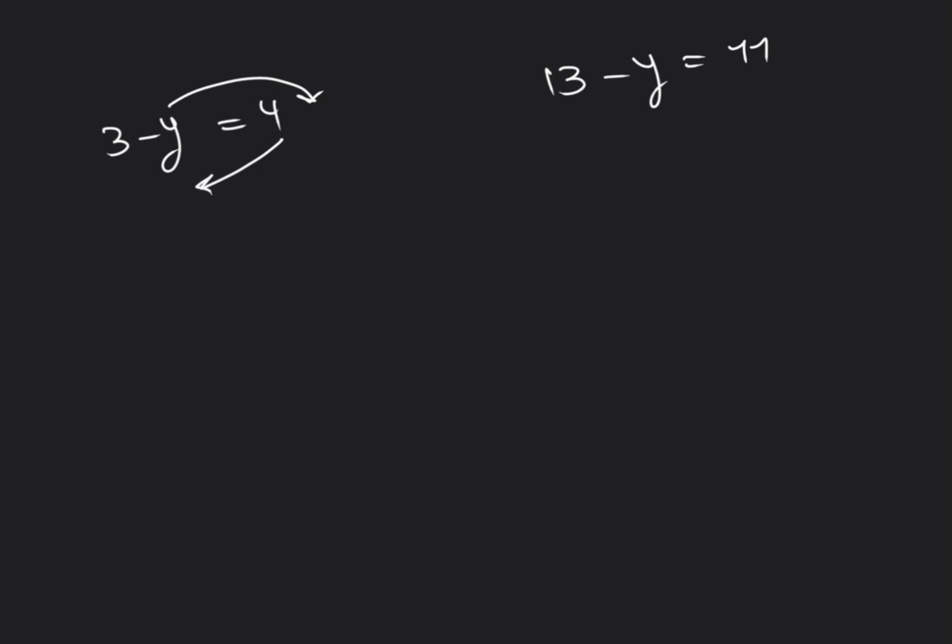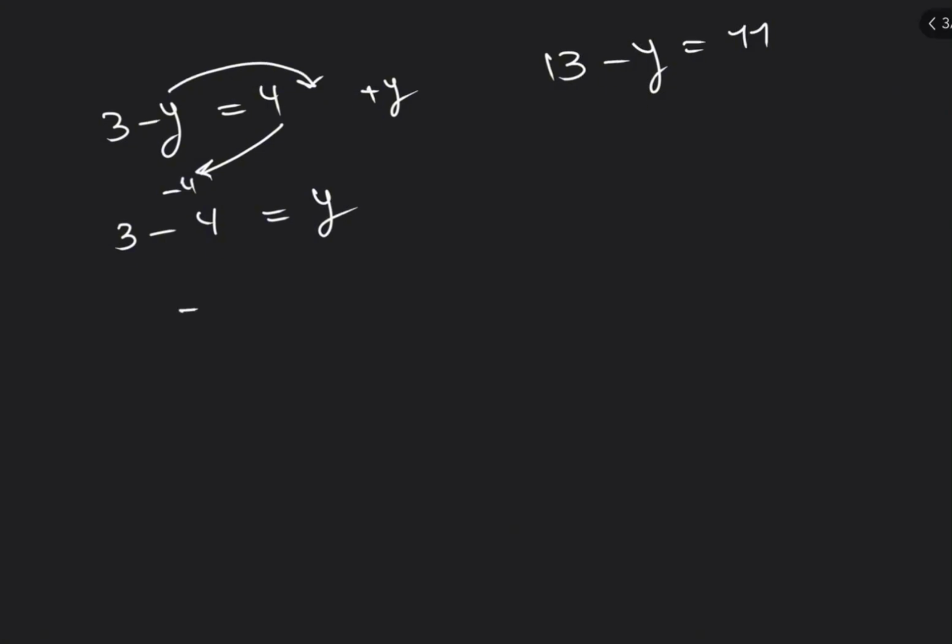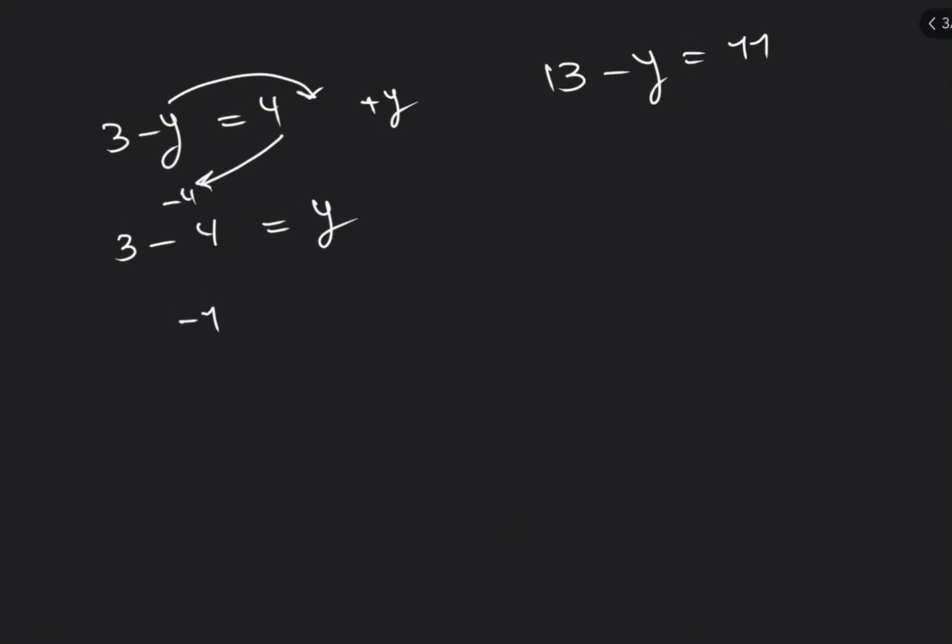So when I move the minus y to the other side, what will it be? It will be positive y. And when I move the 4, it becomes negative 4. So it will be 3 minus 4 equals y. So directly, 3 minus 4 is minus 1. So y equals minus 1.